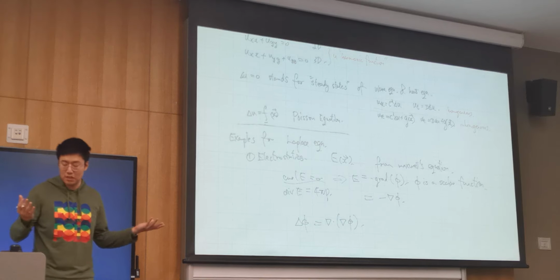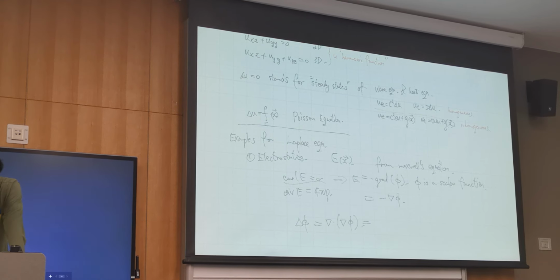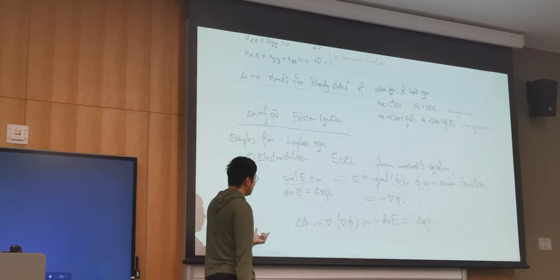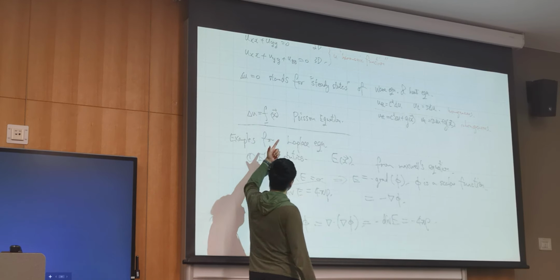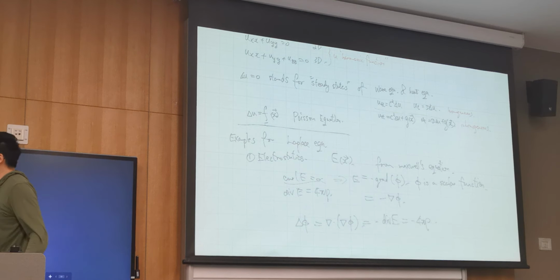That equals the negative divergence of the electricity field, which is exactly negative 4 pi rho. So this is exactly Poisson's equation, where the right hand side f is a constant, negative 4 pi rho.